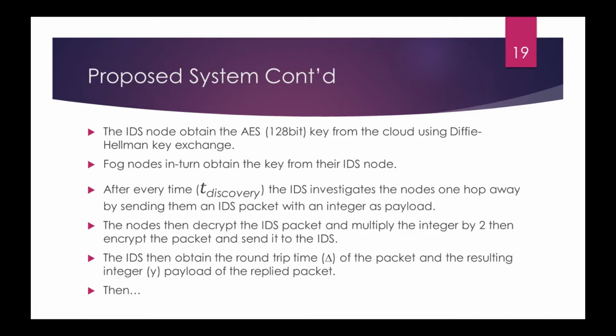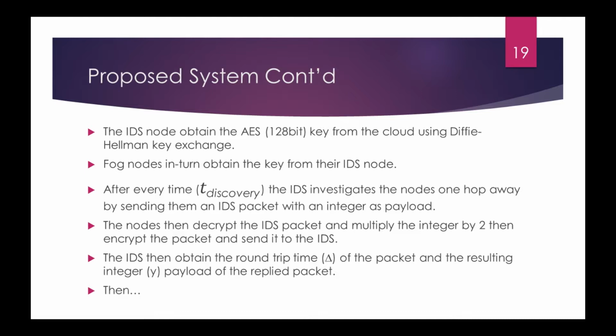On receiving this packet, the IDS will check the round-trip time of the packet and the resulting payload integer from the fog node. Then it compares it with its own values to see what the content is.